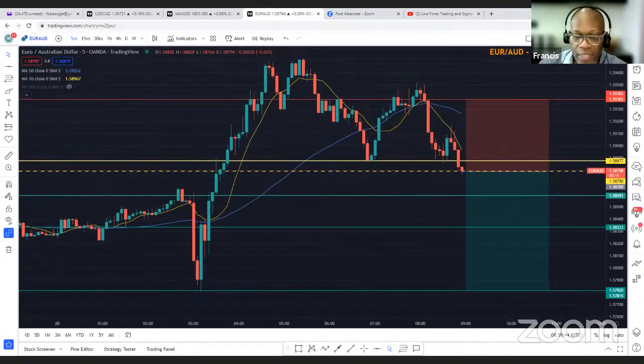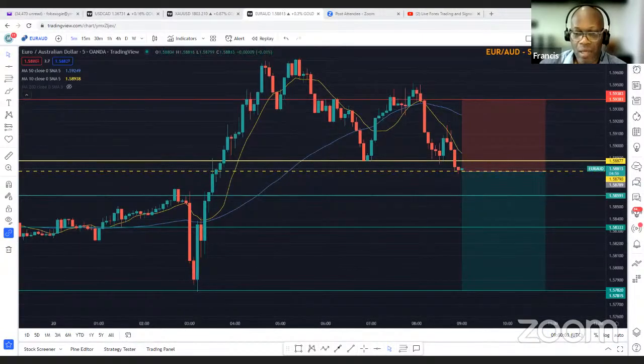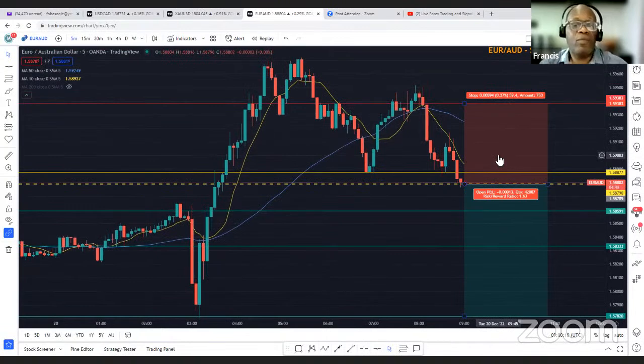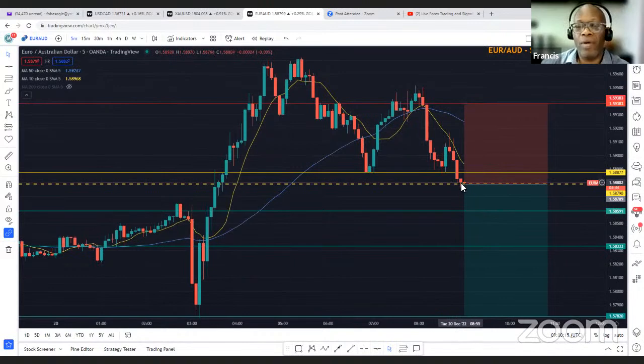So I'm in this trade now. And what would happen is, with my main strategy, it's such that 2 positions is what I would normally take.